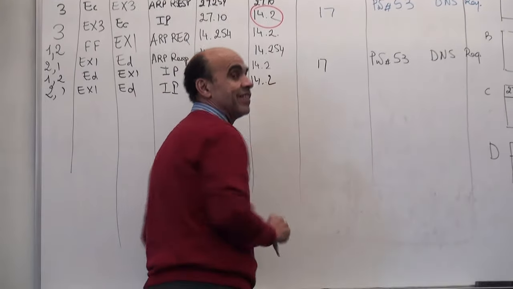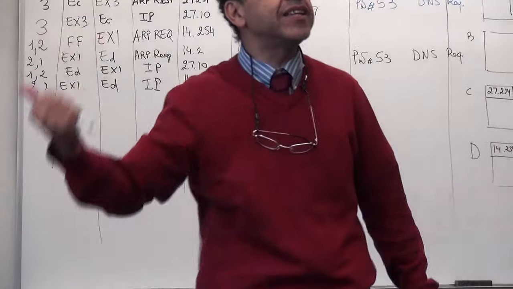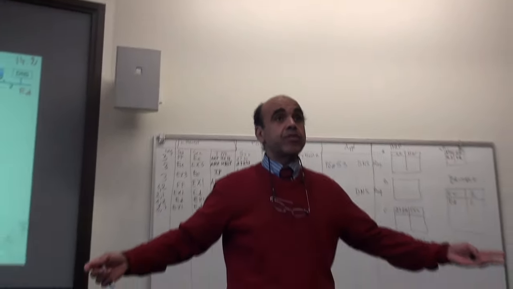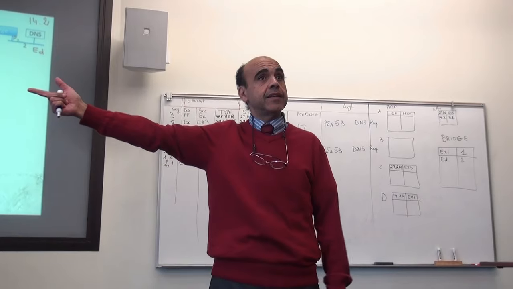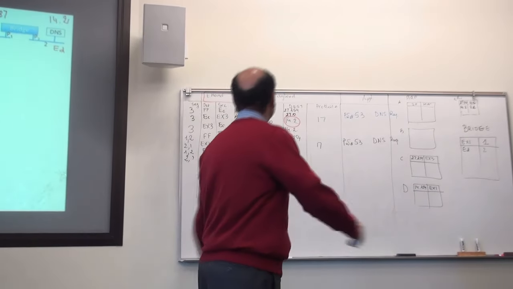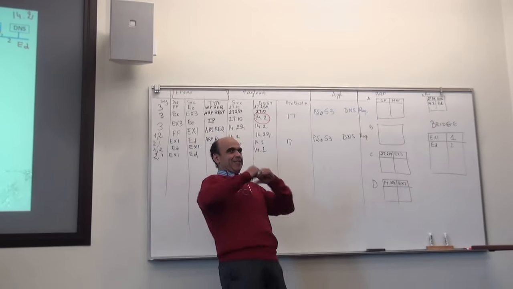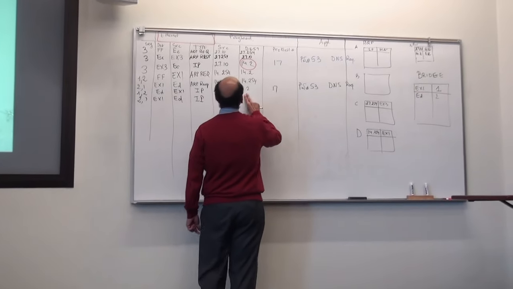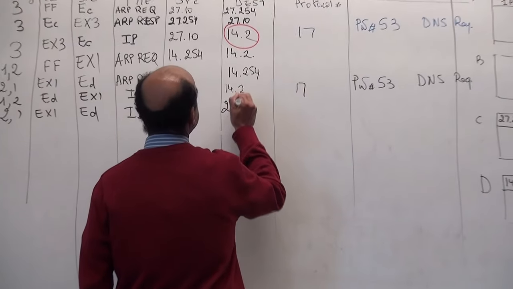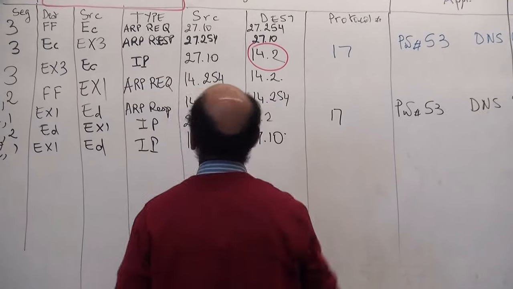The mistake would be to say, I'm sending it to the router. No! That response is for C, not for the router. So it will be going to 27.10, right?